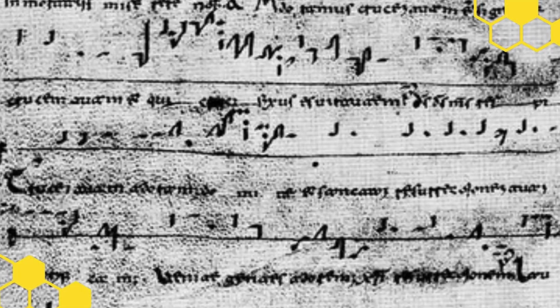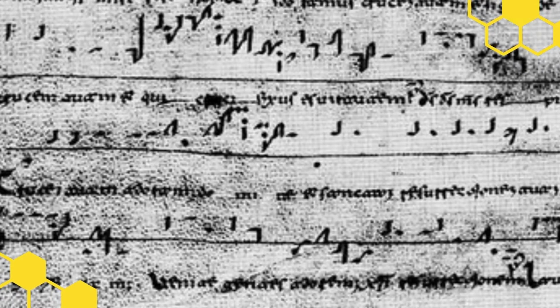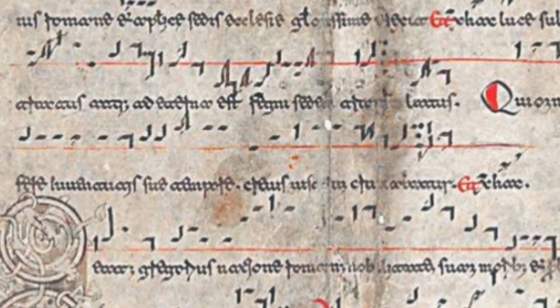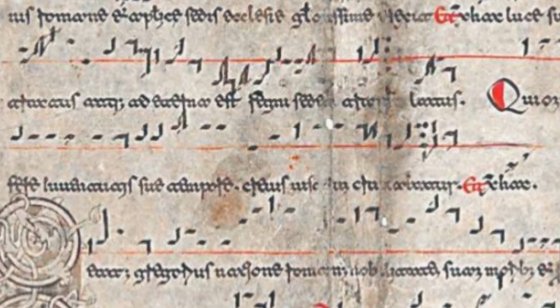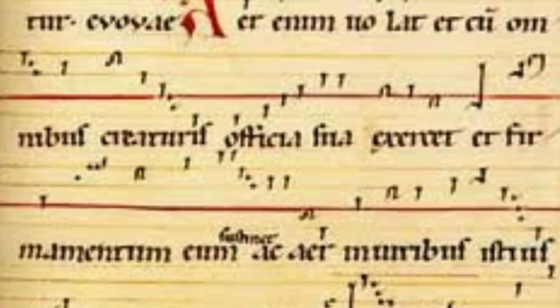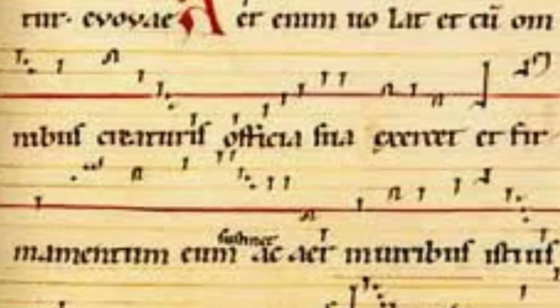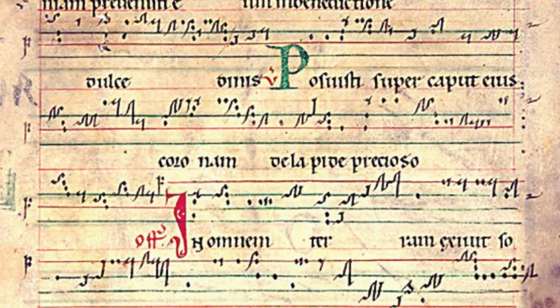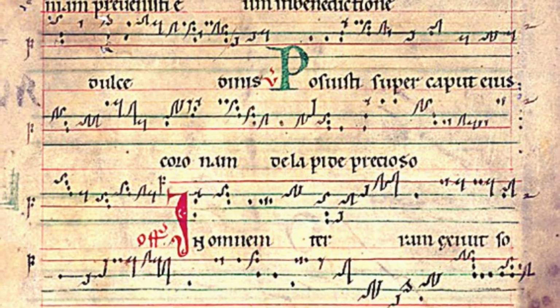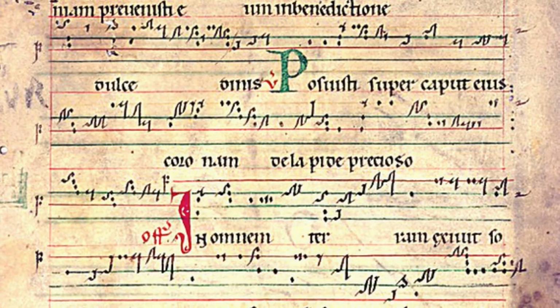The next innovation was a line which was placed between the neumes to indicate a sort of a middle point. The first line was an F, which was usually in red, and then they added the second line, which was the C, which was usually in yellow, and in between we started finding then more lines to indicate the different notes.